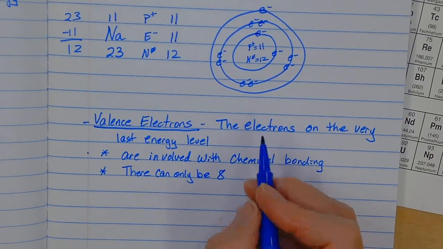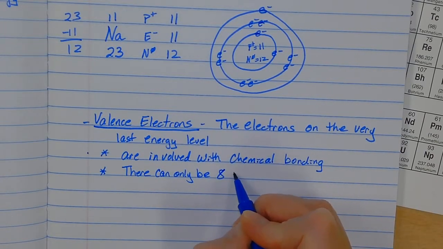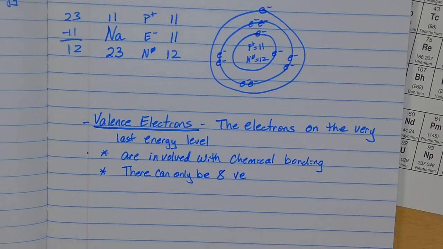I'm just going to put a VE for valence electrons. There can only be 8 of them. Now understand, there are some elements, especially in the transition metals, that don't follow that rule. But for all the ones we're going to be doing, there will only be 8 valence electrons.